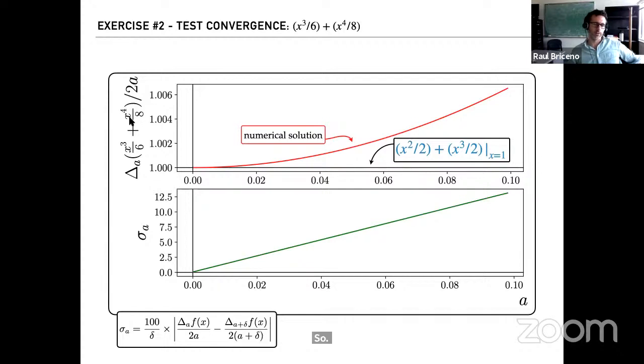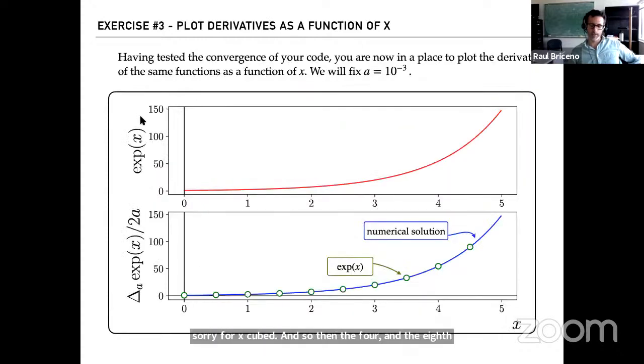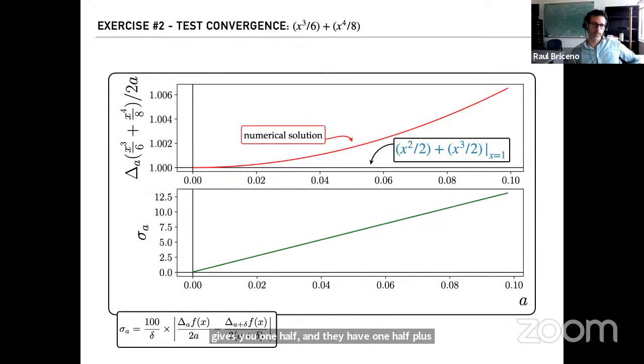So sorry, 4x cubed. And so then the 4 and the 8 gives you 1/2, and you have 1/2 plus 1/2, everything evaluated at 1. So you have 1/2 plus 1/2, which is equal to 1. And so you end up getting this. Again, everything is at the fourth significant figure.